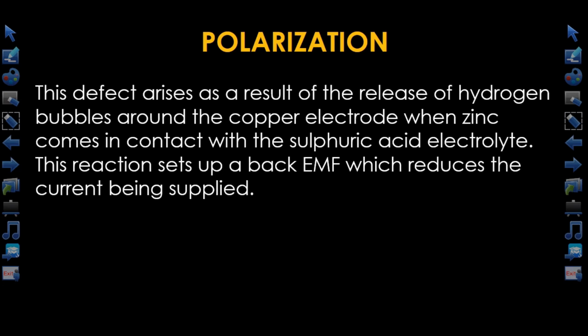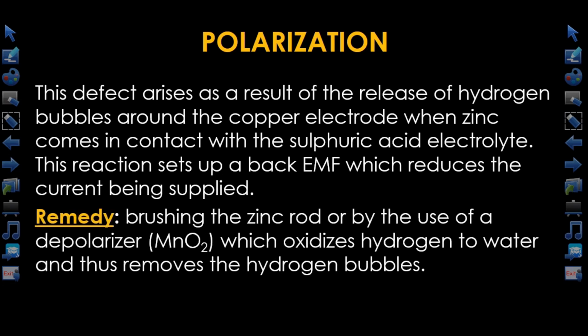To take care of polarization, normally the zinc rod should be cleaned or brushed. That is one main remedy of taking care of polarization. The other method of taking care of polarization is by the use of the depolarizer, which oxidizes the hydrogen to water and thus removes the hydrogen bubbles around the carbon electrode.